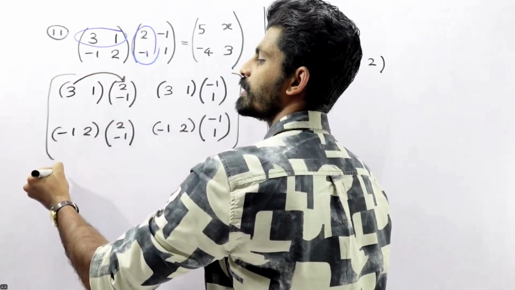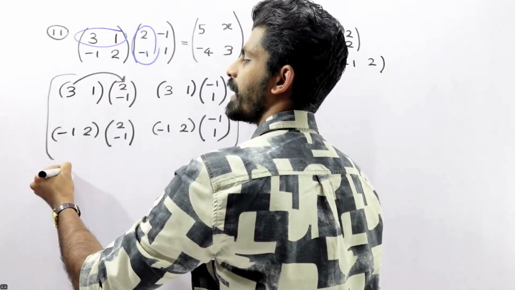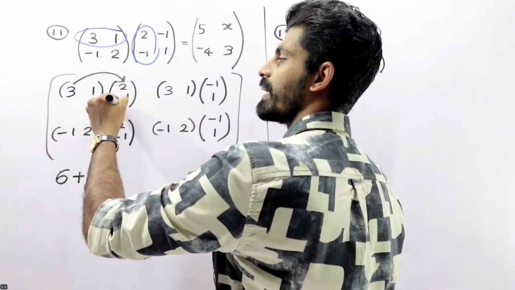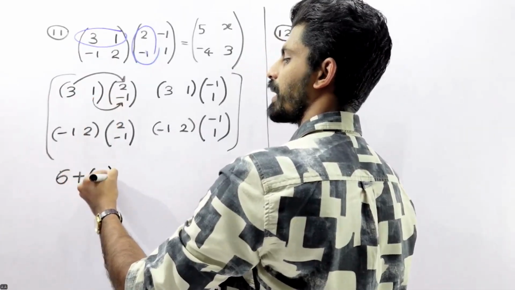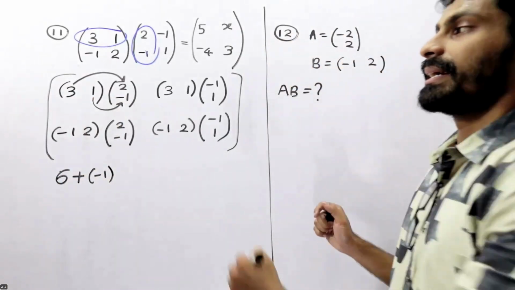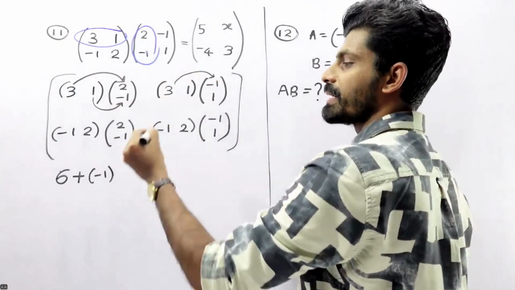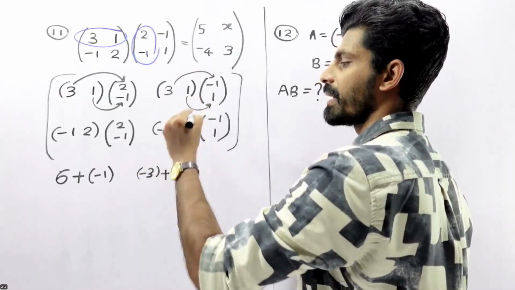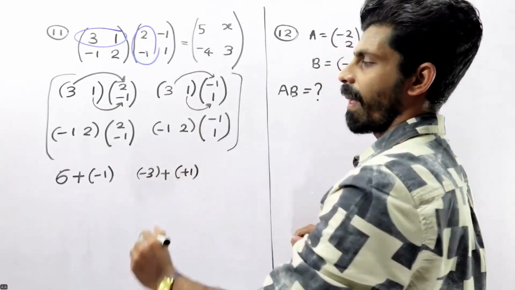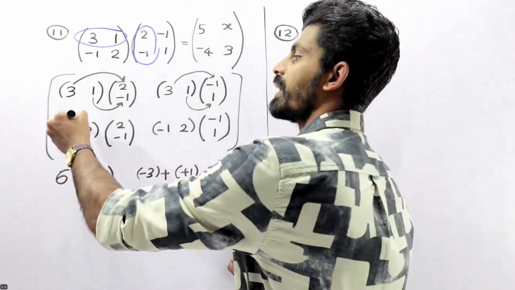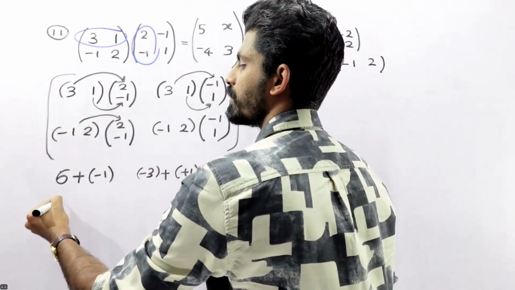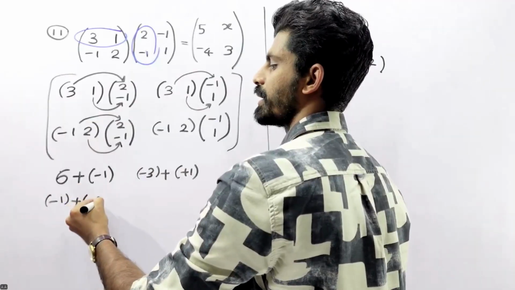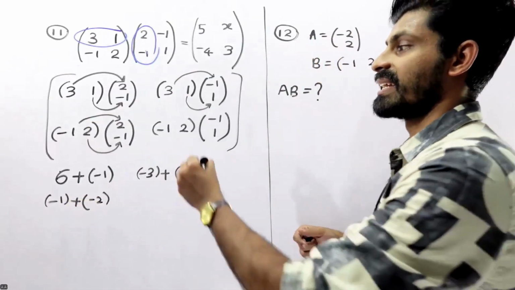3 multiplied by 2, 6 plus 1 multiplied by minus 1, minus 1. 3 multiplied by minus 1 equals to minus 3 plus 1 multiplied by plus 1. Minus 1 multiplied by 2 equals to minus 2 plus 2 multiplied by minus 1 equals to minus 2.